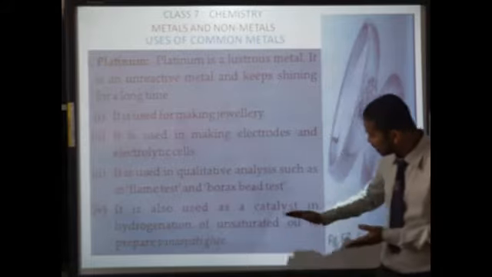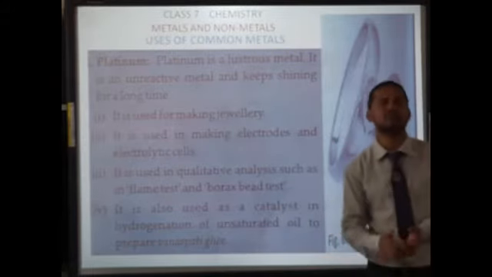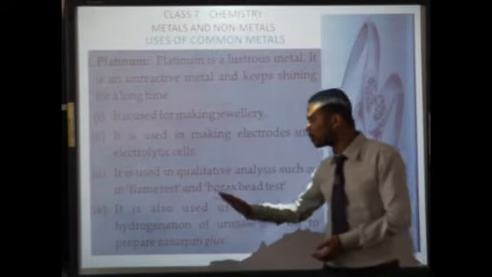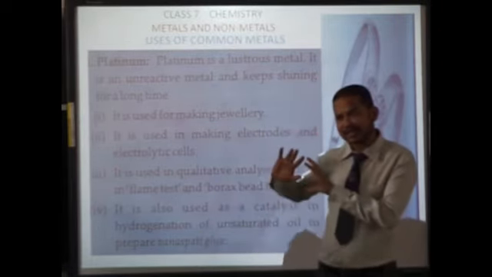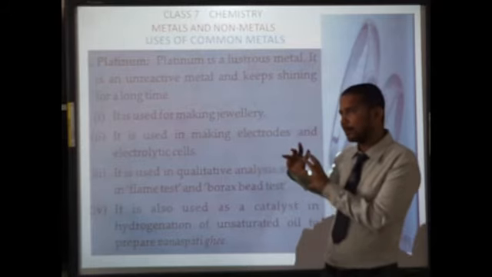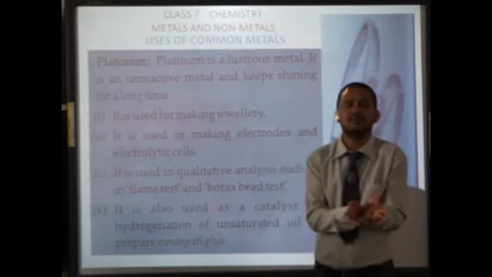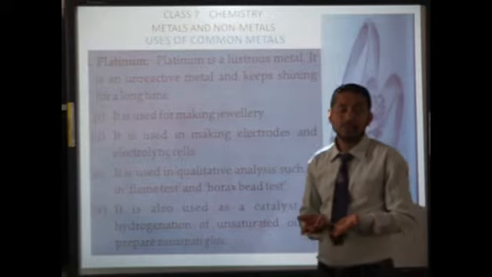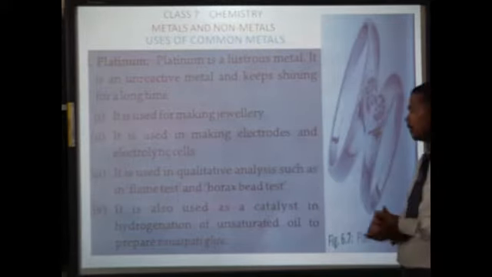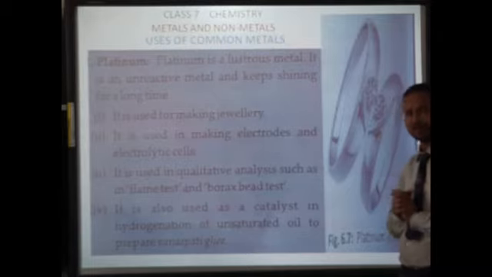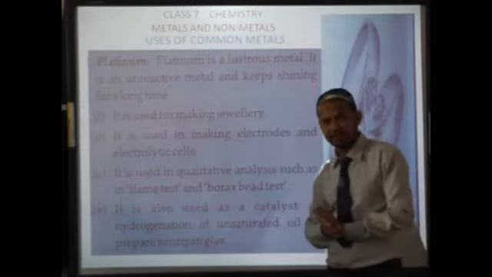That means it reacts with hydrogen in the presence of platinum as a catalyst. Platinum helps the reaction to happen, so platinum helps in the reaction of unsaturated oil with hydrogen in order to make vanaspati ghee.